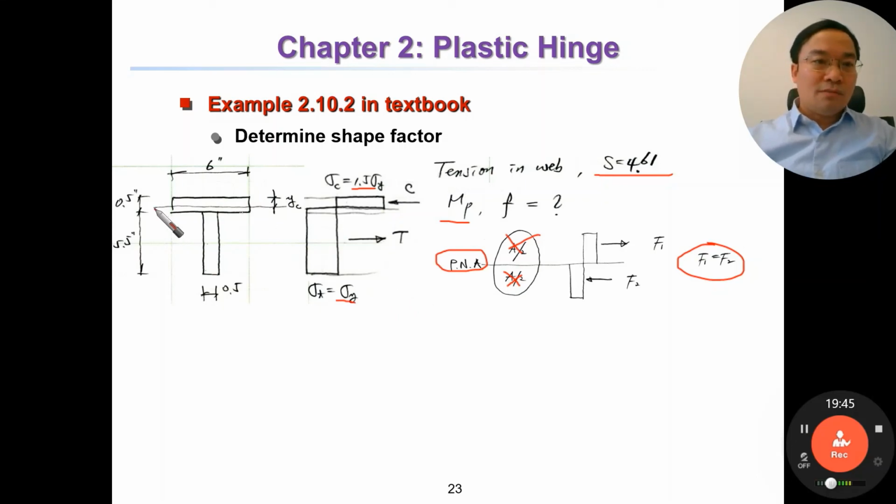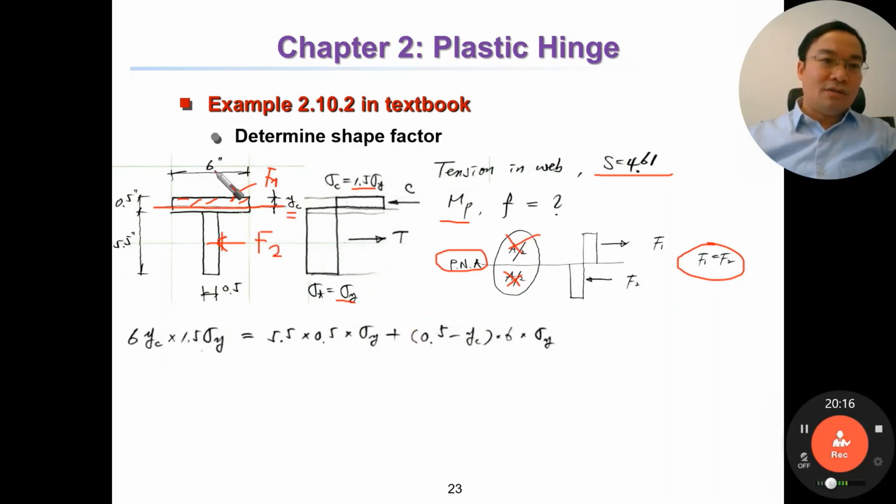We assume PNA is in the flange. So we have to determine Yc. So let's say this part, okay, this part is F1 in compression, and the rest one is F2 in tension. F1 should be equal to F2. What is F1?